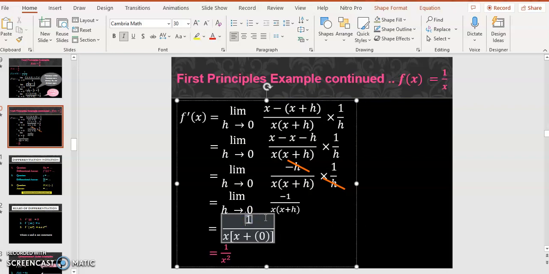Let me place negative there. So we have negative, then we have our x, then x for this one, this x is for this, and this x is for this, plus h is what? 0, because limit as h approaches 0. So we have h equal to 0, so it's going to remain with minus 1, so there should be minus here.